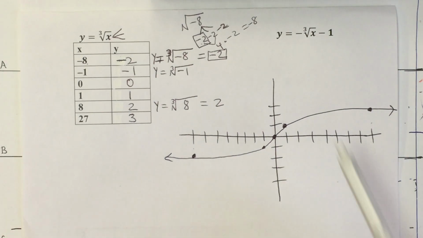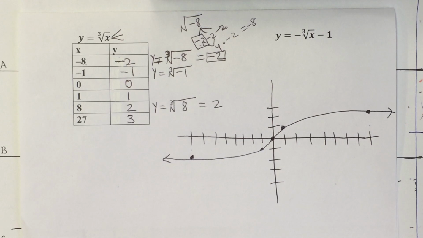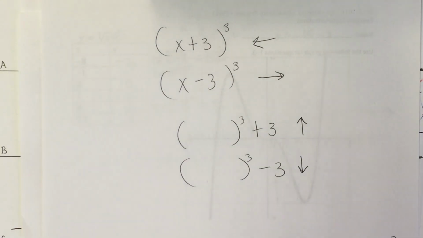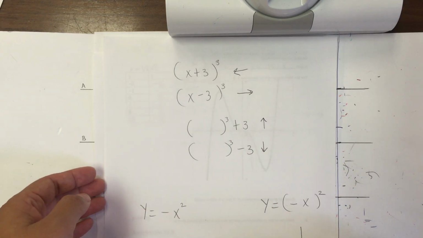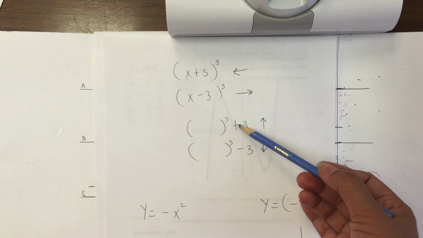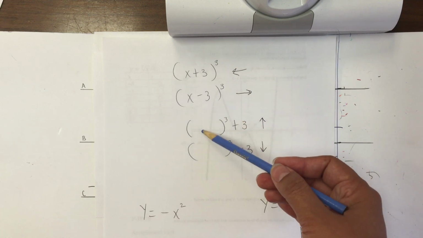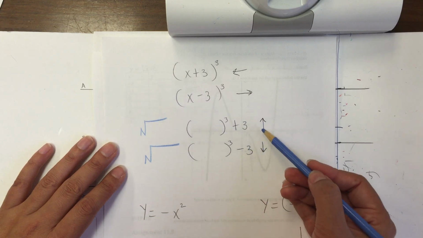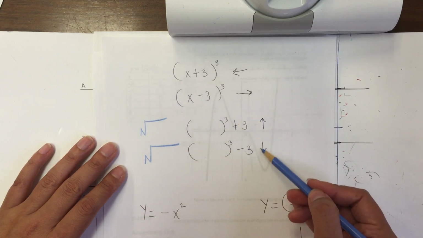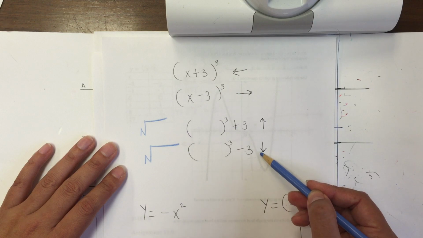But now, how would this transformation look? At this point I want to show you the summary that we saw last quarter, and you can just write it down again. I'm going to zoom out so that you can have everything. Whenever you're adding or subtracting outside of the parentheses or outside of the square root, you're going up for positive, down for negative.